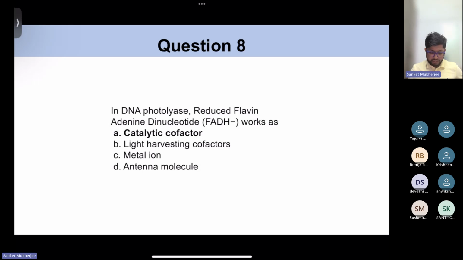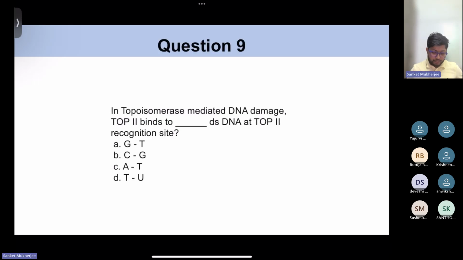Coming to question 9. Topoisomerase mediated DNA damage. TOP2 binds to double-stranded DNA at the TOP2 recognition site. Is it A, G2, GT, B, CG, CAT, or DTU?